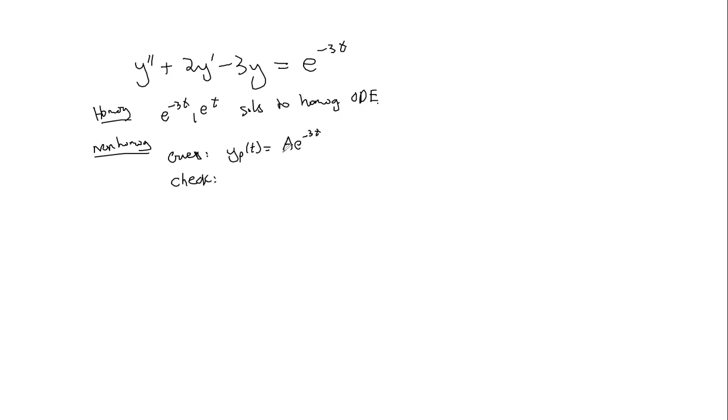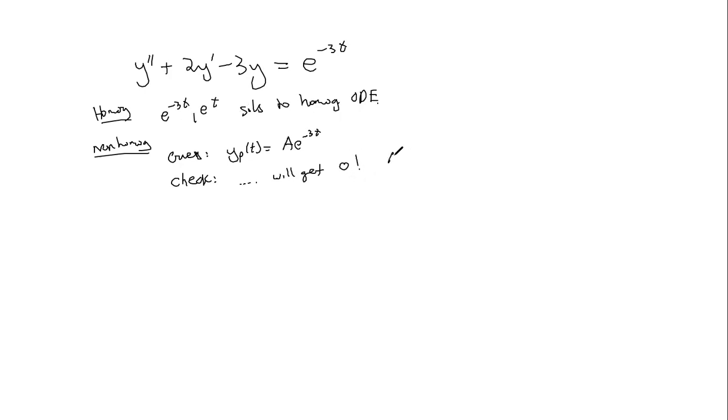Right? If we were to plug this into the left-hand side, what are we going to get? We're going to get 0, because this is a solution to the homogeneous case.